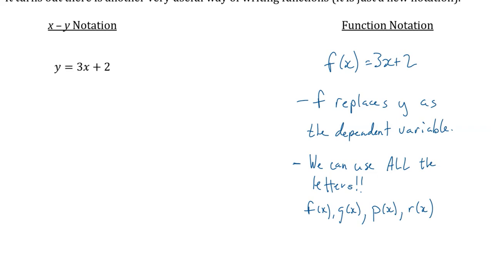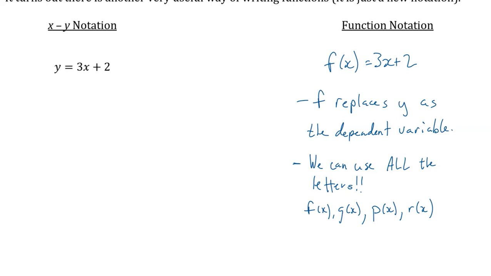Sometimes S's look like 5s. Sometimes L's look like 1s. There's letters we avoid. And there's common ones that we use. We use f generally. And then we use g, we use h. And then there are certain specific places where we use other specific ones, like r at x is one that's used for something. But for us, we'll use whatever, but we'll probably use kind of f, g, h.